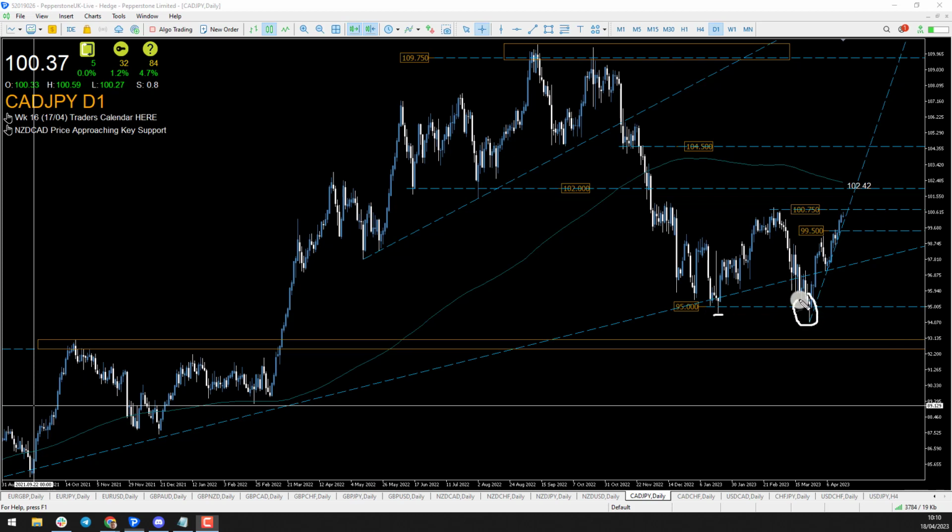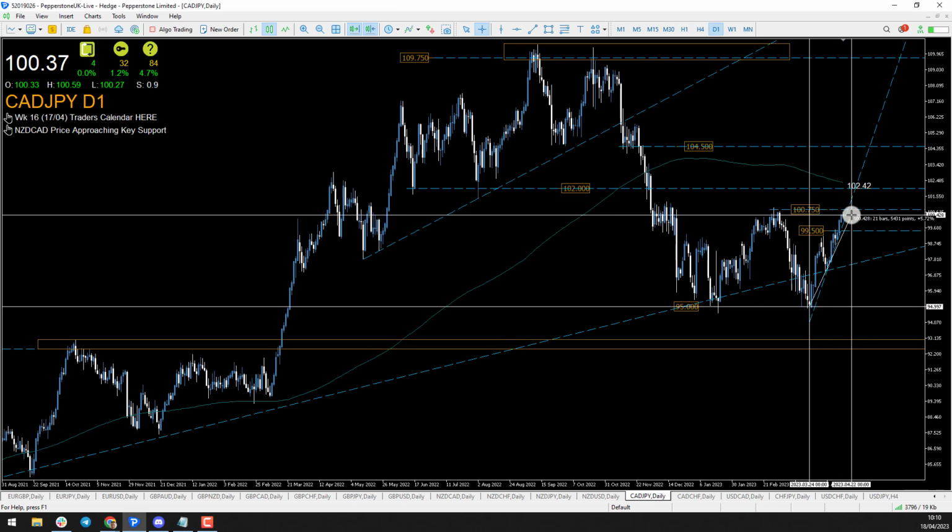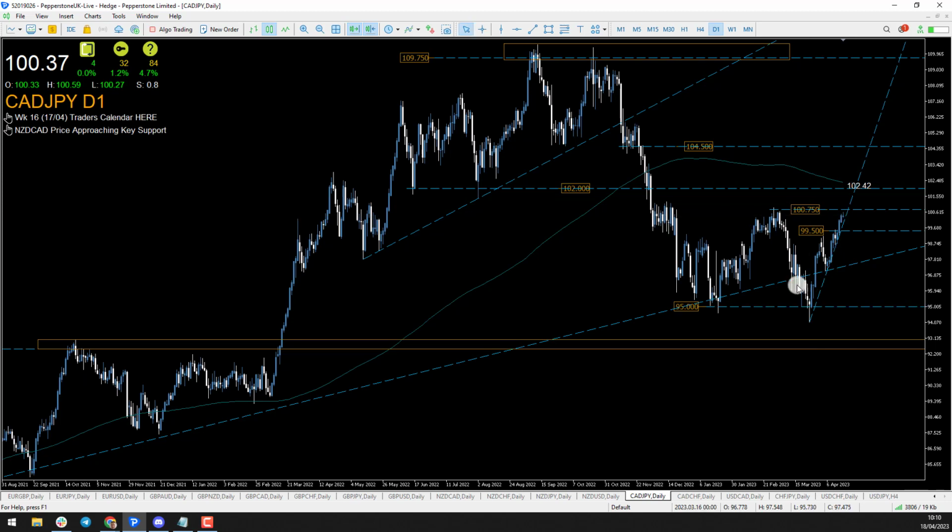It formed a reversal candlestick, and since then price has traded to the upside. Price has rallied from that 95 area about 540 pips. So if you were interested in that market when we were discussing it, you could have had a look at a potential 540 pip gain there.